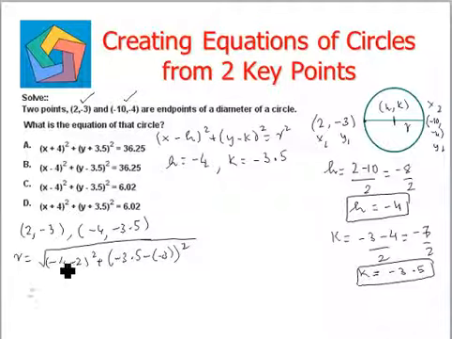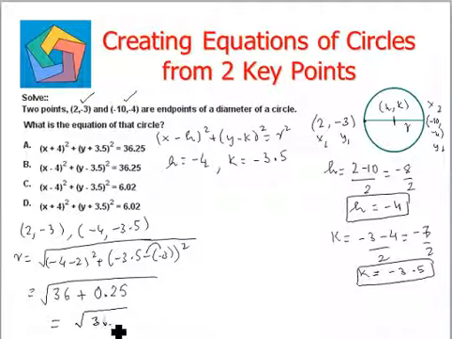Negative 4 minus 2 is a negative 6. Negative 6 times 6 is a 36 plus, this negative times negative is a positive, so we get negative 3.5 plus 3 as negative 0.5, and 0.5 times 0.5 is 0.25. This is equal to 36.25. So we have the radius.